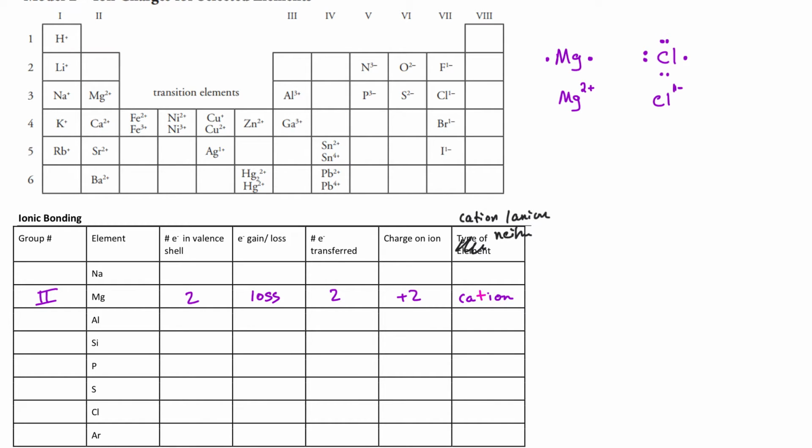Now let's look at chlorine, which is located in group 7. And we got number of electrons in outer shell, well, 7. And in order to become stable, it needs to gain an electron. So it needs to gain 1 electron.